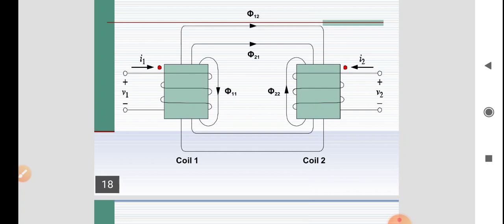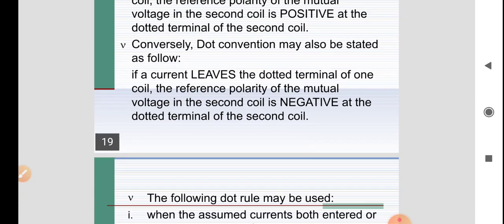If both currents are in opposite directions, then the mutually induced voltage will be negative. The only thing we need to remember is, if the current directions of both are the same, then it is positive. If the current directions are different, then it is negative for the mutual inductance.